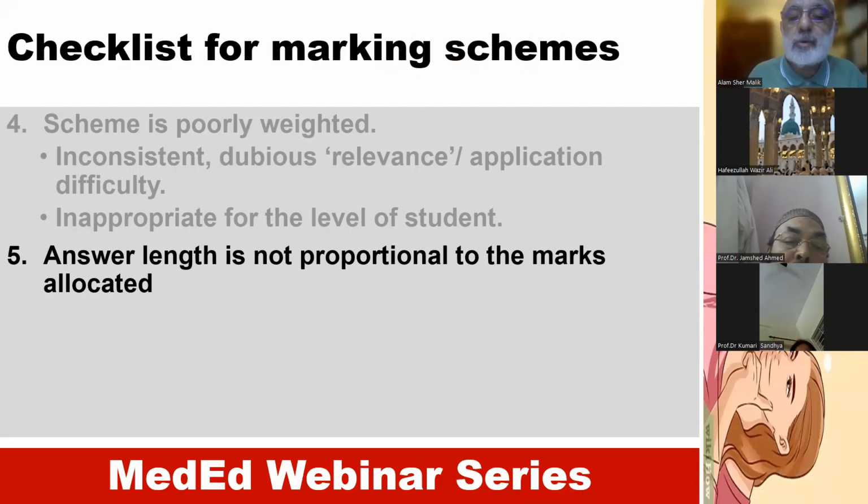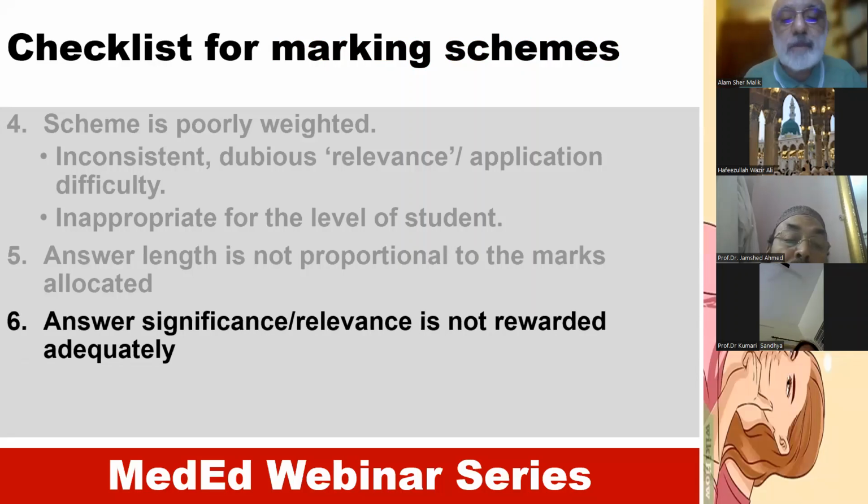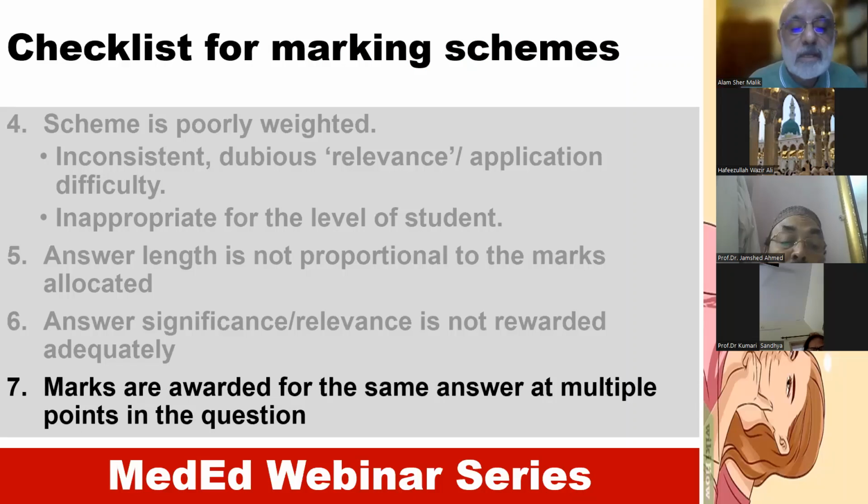Another issue is when answer length is not proportional to marks allocated, and answer significance or relevance is not rewarded adequately. We give more marks based on the significance and relevance of the answers rather than their length. And when marks are awarded, make sure that marks are not awarded for the same answer at multiple points in the question.